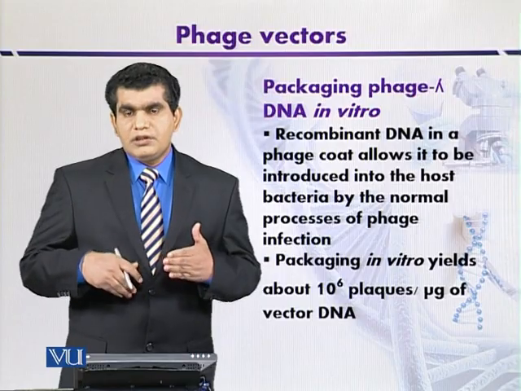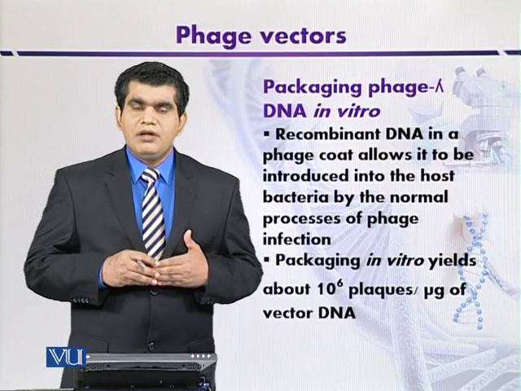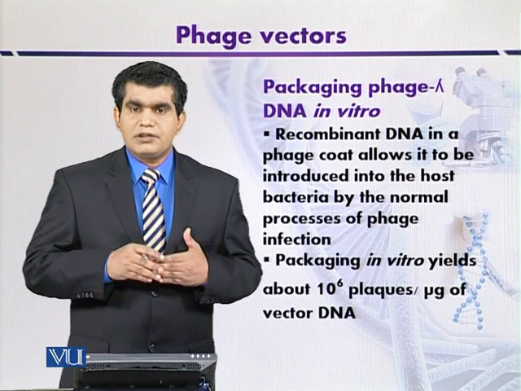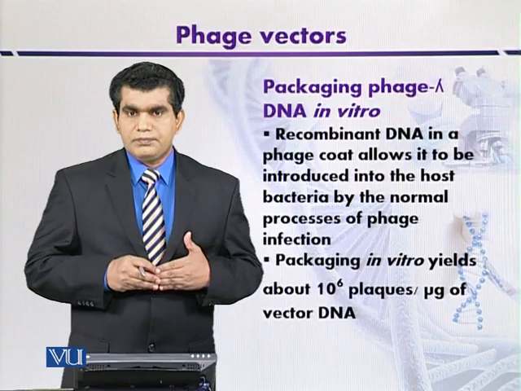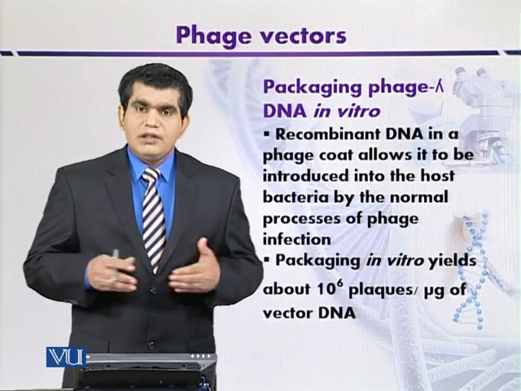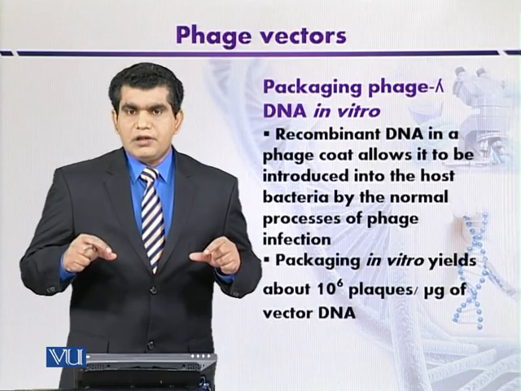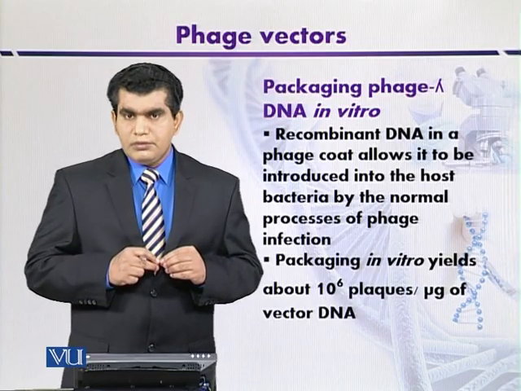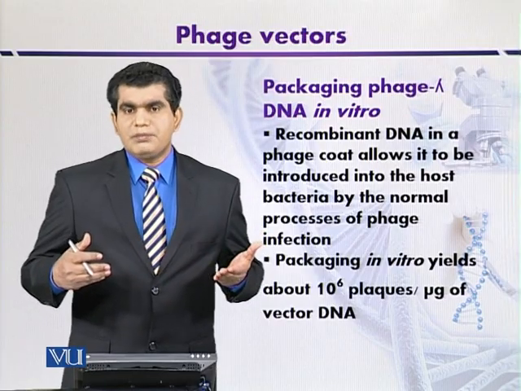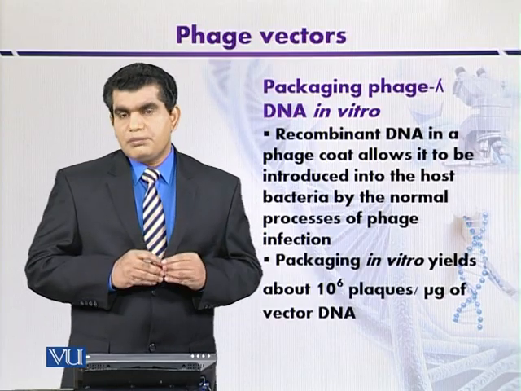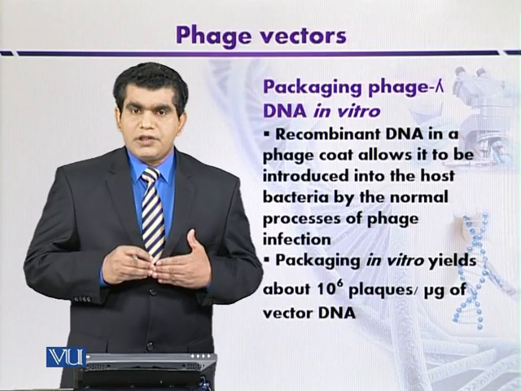So in this situation, non-viable phage particles are produced that can result in the low frequency of plaque formation. On the other hand, if we use optimum length of the recombinant DNA molecule, between 40,000 base pairs to 53,000 base pairs, then we can get viable phage particles.